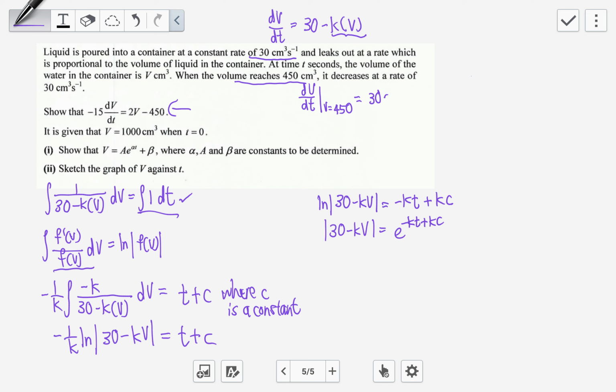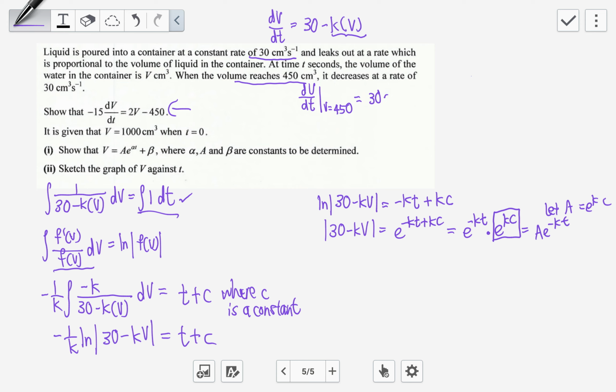Which, by the exponential rule, is just e to the minus kt multiplied by e to the kC. And since e to the kC is a constant, we just let A equal e to the kC, and we change this equation to A e to the minus kt, and we will be able to find out what A is.